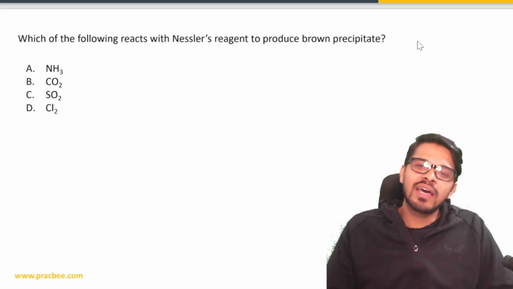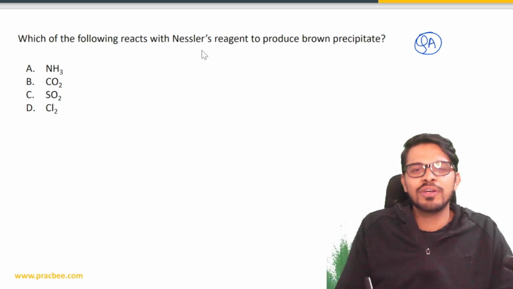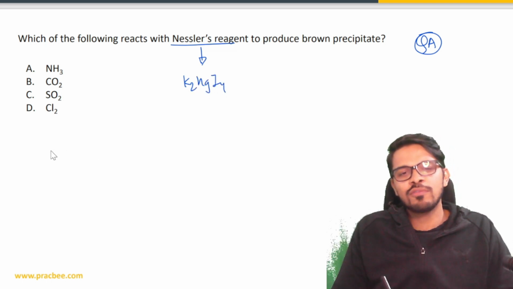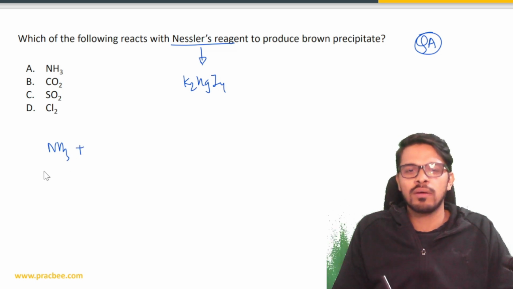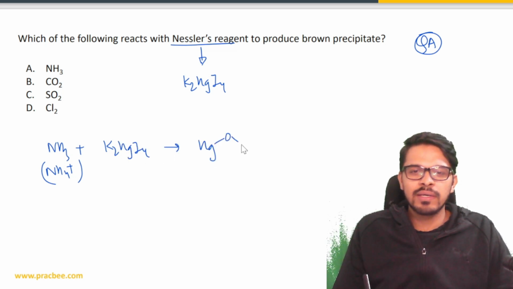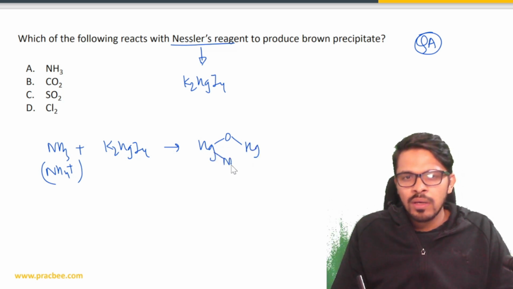Next is a question directly from qualitative analysis. Nessler's reagent. I hope all of you know Nessler's reagent is K2HgI4, and it is a characteristic test of ammonia, or you can say the ammonium ion. It reacts with K2HgI4 and we get a beautiful brown precipitate.